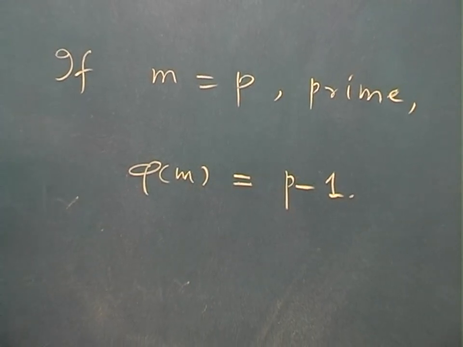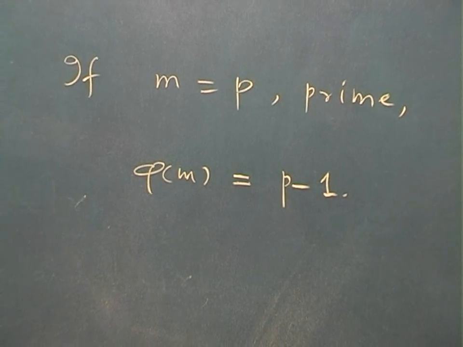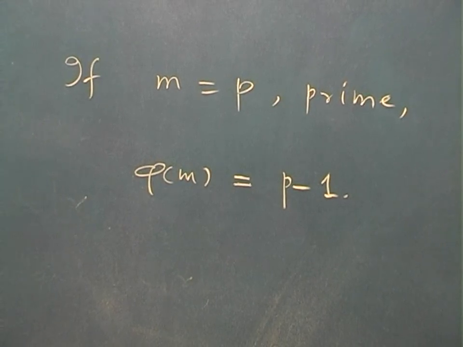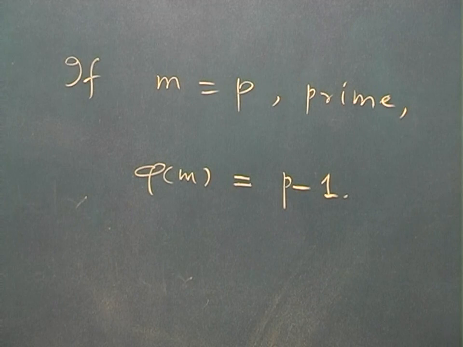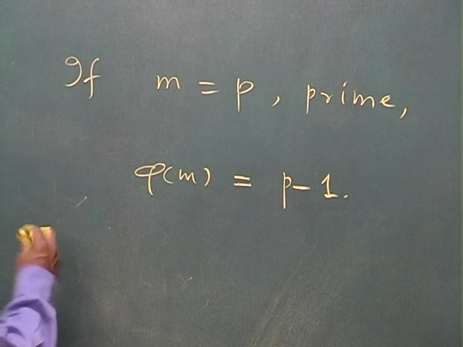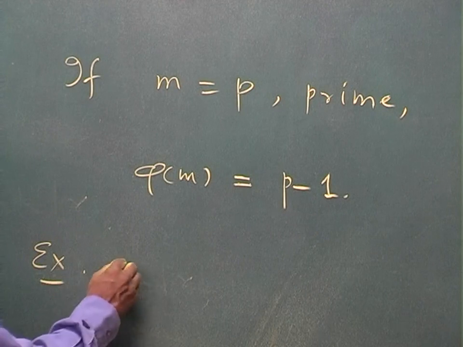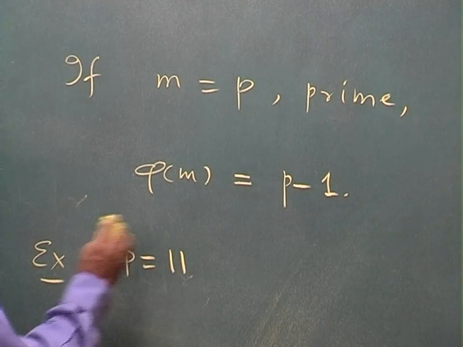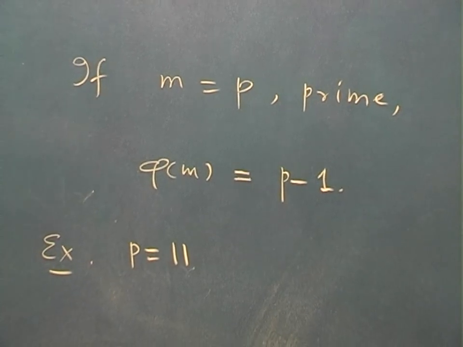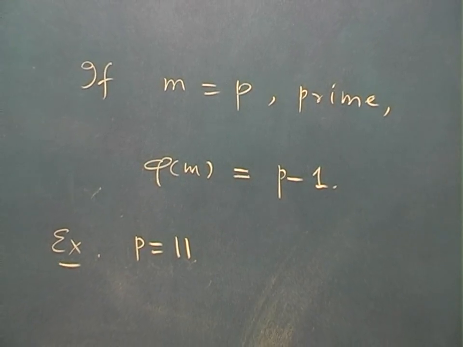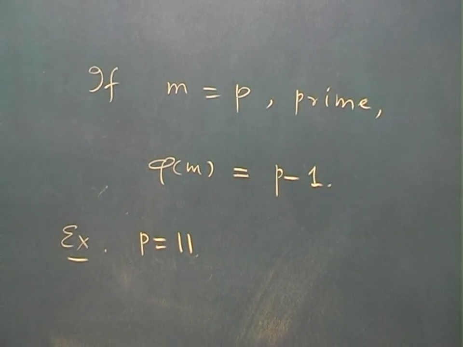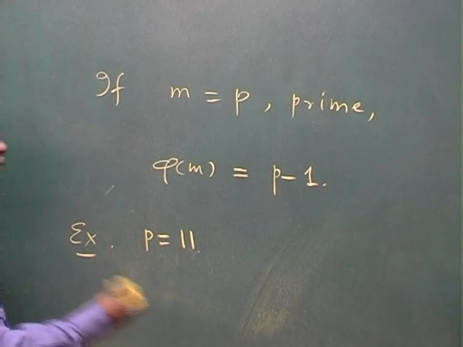And in such a case, there will always be a primitive root. There will always be an element of order p minus 1. So let us take an example. Take p equal to 11. Try to get some element whose order is 10.